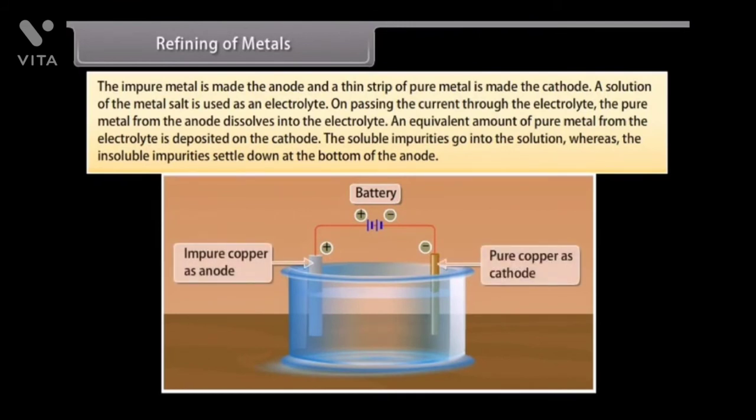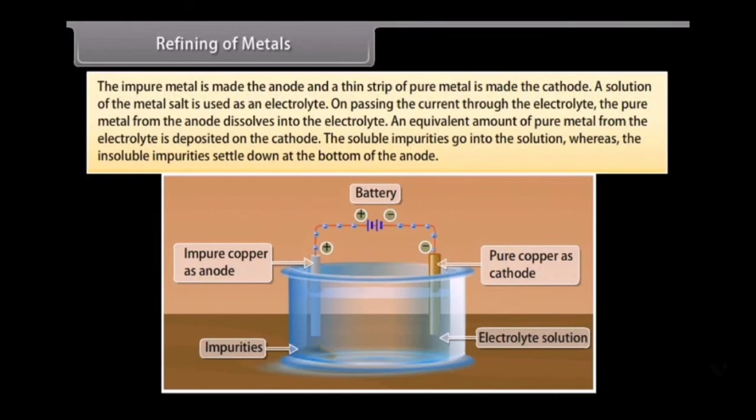A solution of the metal salt is used as an electrolyte. On passing the current through the electrolyte, the pure metal from the anode dissolves into the electrolyte. An equivalent amount of pure metal from the electrolyte is deposited on the cathode. The soluble impurities go into the solution, whereas the insoluble impurities settle down at the bottom of the anode. These are known as anode mud.